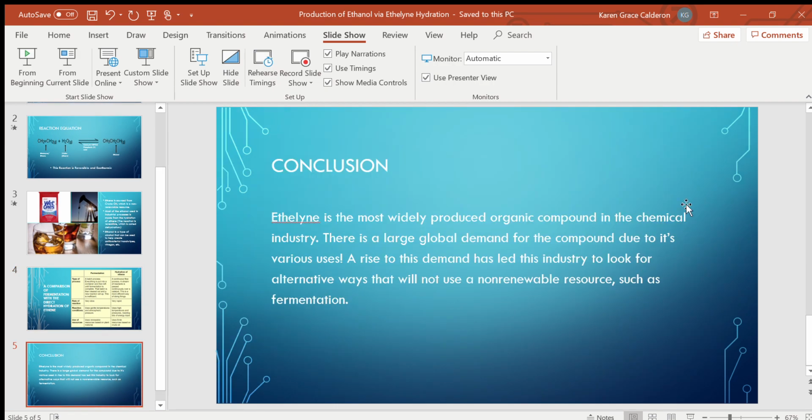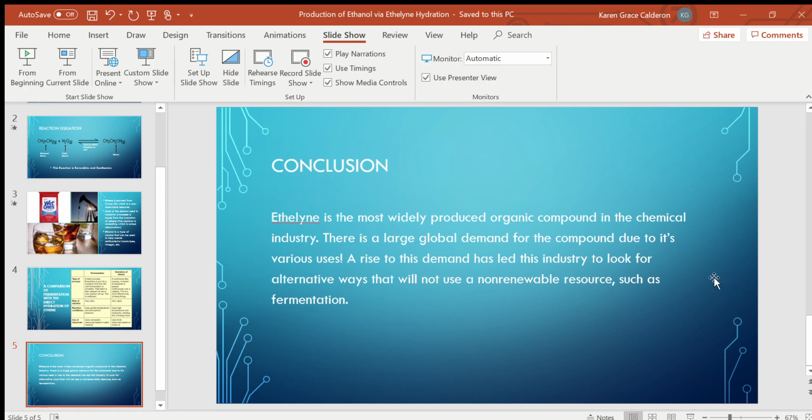Now, the conclusion: ethylene is the most widely produced organic compound in the chemical industry. There is a large global demand for the compound due to its various uses. A rise in this demand has led this industry to look for alternative ways that will not use a non-renewable resource, such as fermentation.